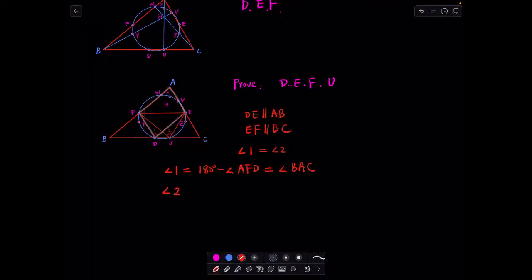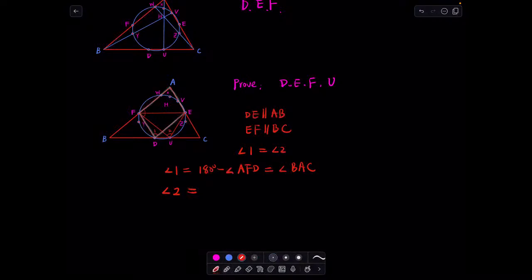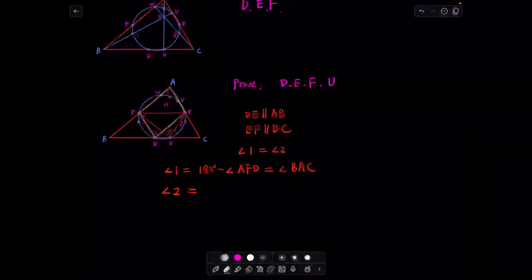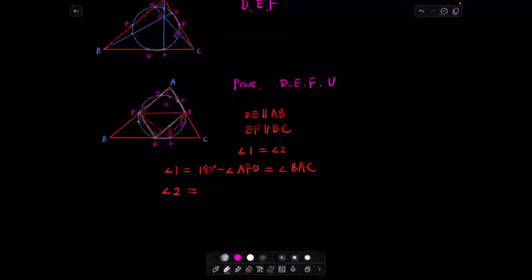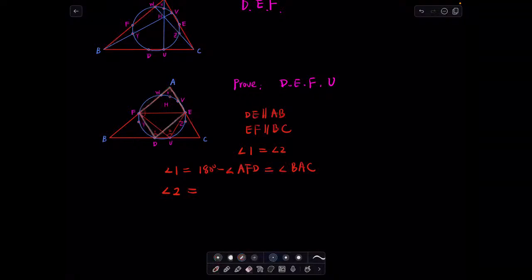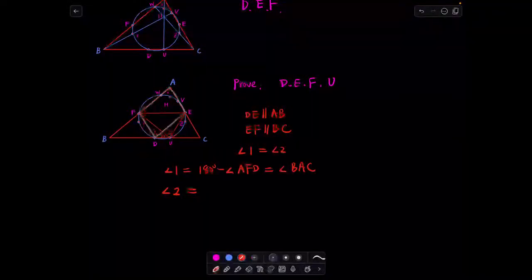Angle 2 is going to be 180 degrees. So for the whole angle here, let's mark it. This is a 180 degree angle, right? And you minus, let's say this is called angle 3, and this is angle 4.